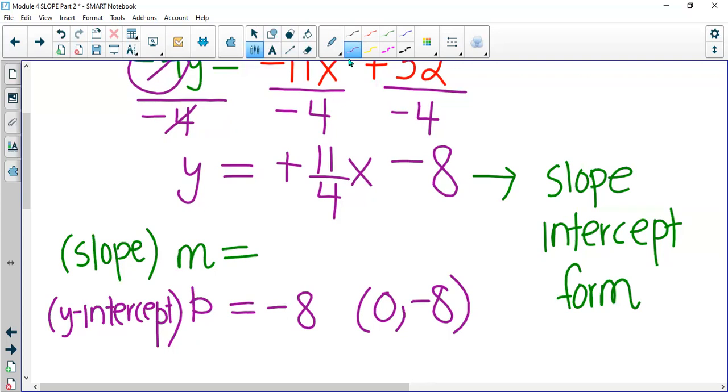Yes, Jennifer. 11 over 4. That is my slope. So when you have equations that are in standard form or any other form, the only way to figure out the slope and the y-intercept in a problem like this is to turn it into slope intercept form.